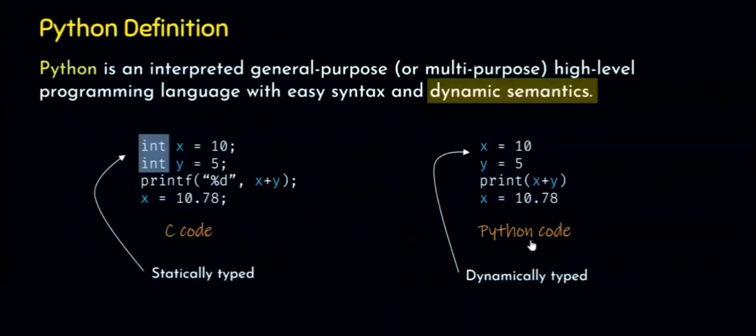Python has dynamic semantics because variables are dynamic objects. Now I hope the concept of dynamic semantics is clear to you, and I hope this complete definition is also clear to you. Python is an interpreted, general purpose or multipurpose, high-level programming language with easy syntax and dynamic semantics.